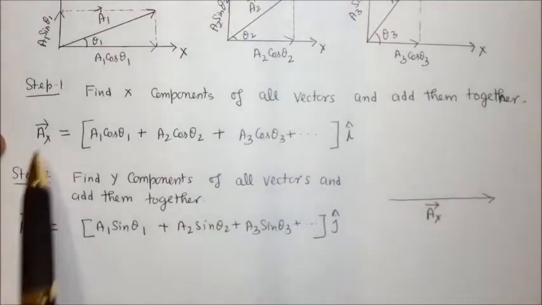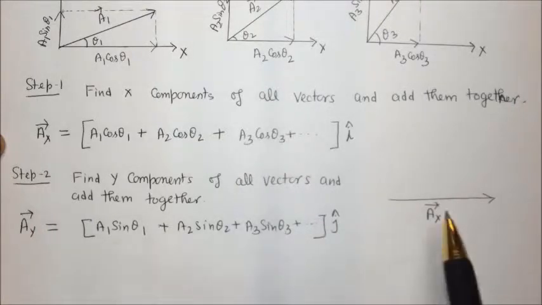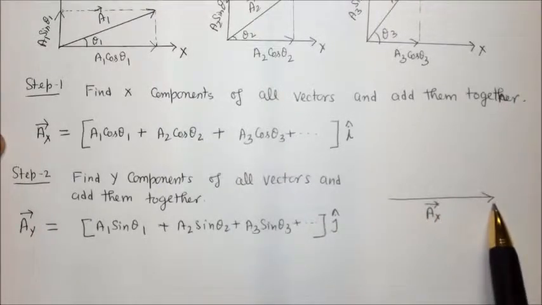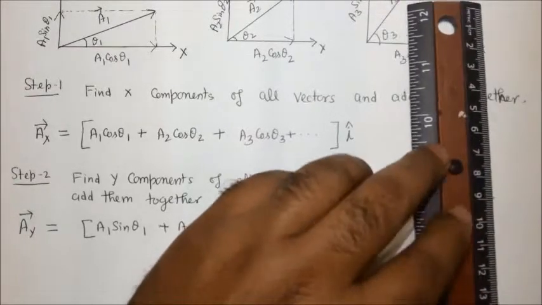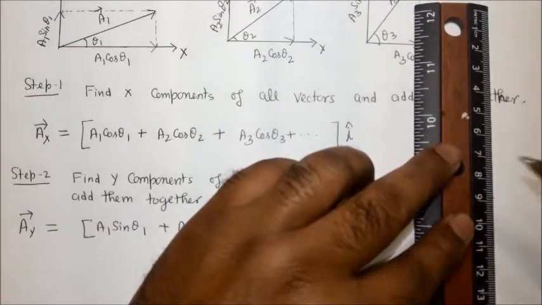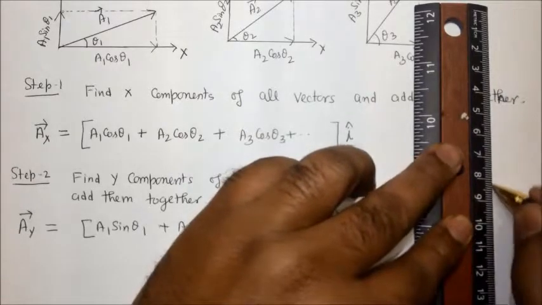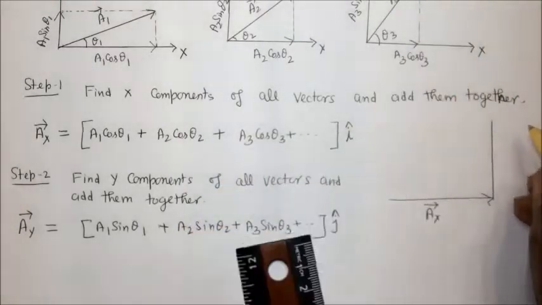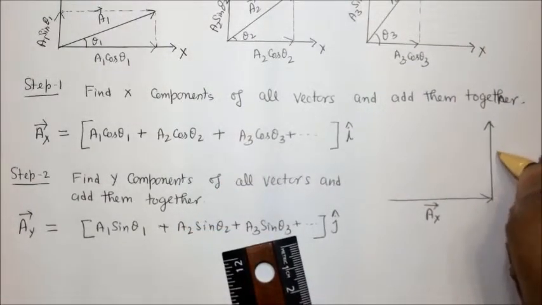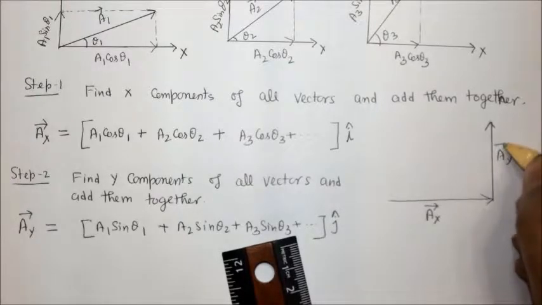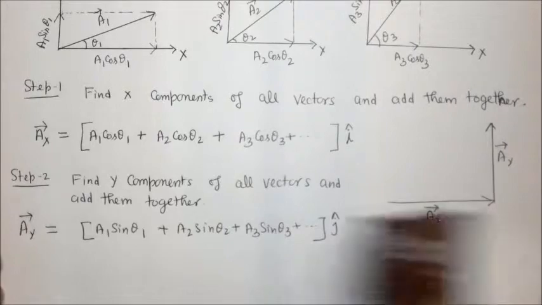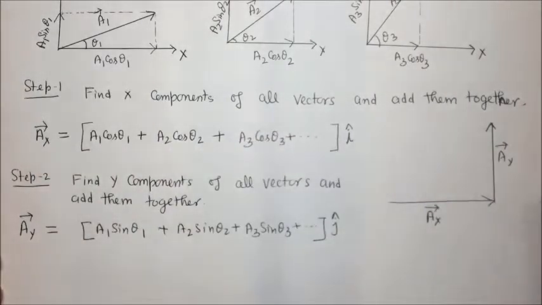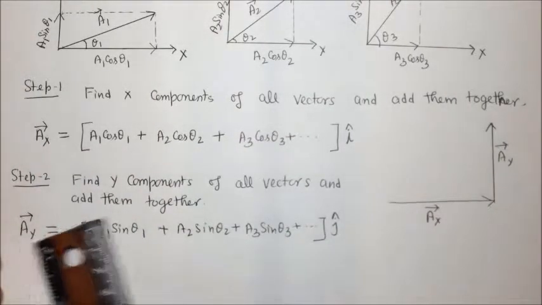One is ax and the other is ay. Ax is the sum of all x components, working along the x-axis, and ay is the sum of all y components, working along the y-axis.